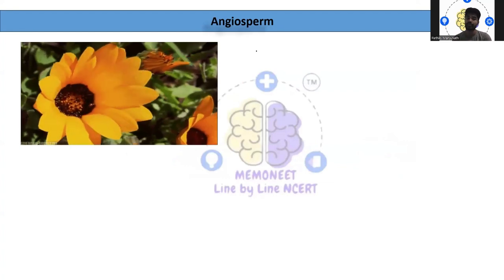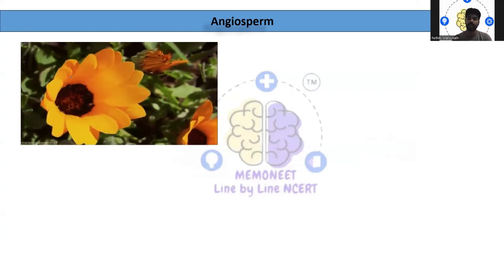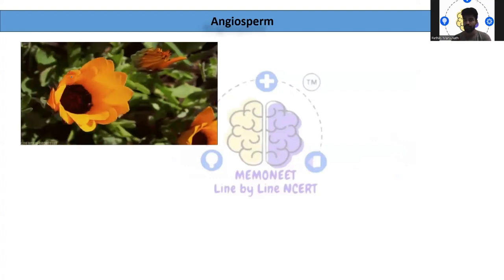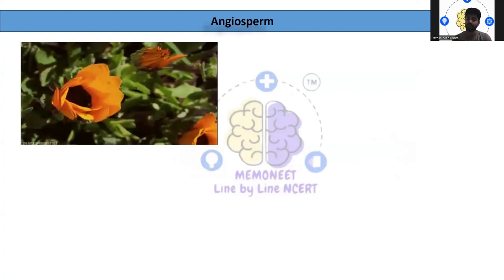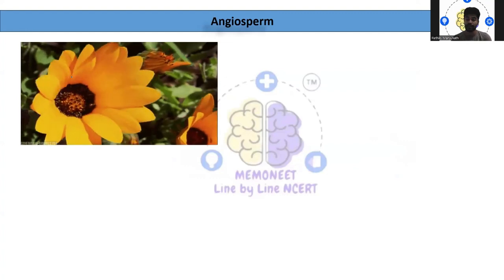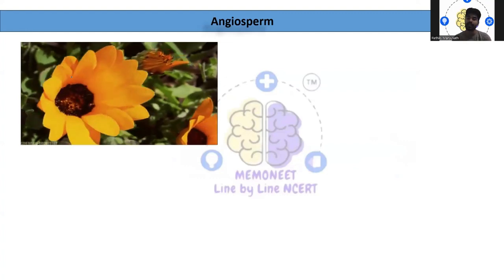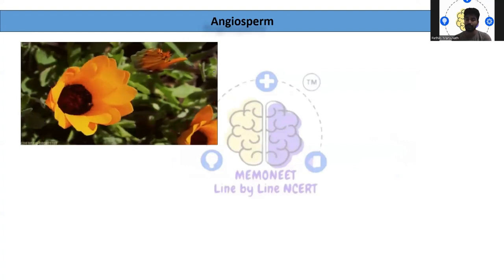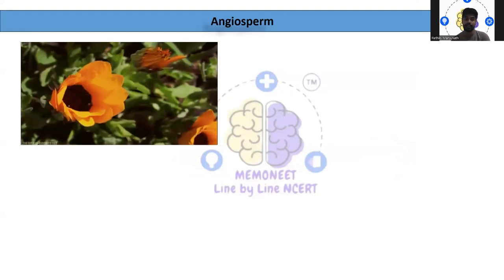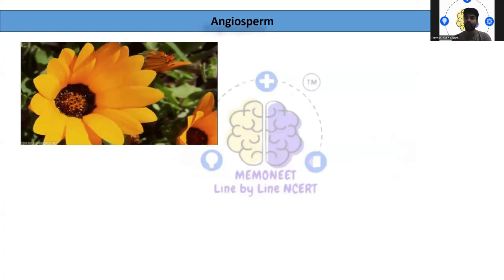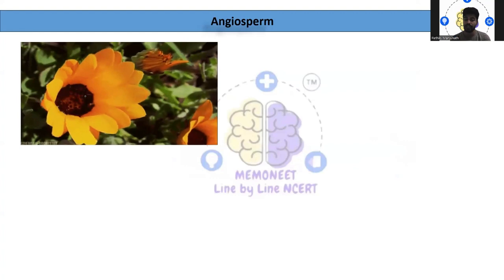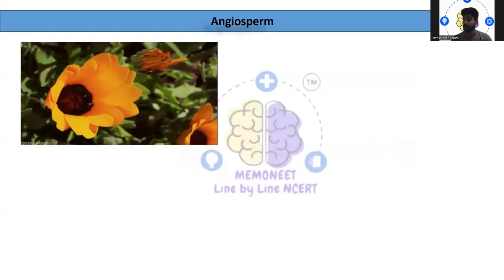In angiosperms, you actually see a well-developed flowering plant where male and female gametes are produced. The pollen grains and ovules are developed in a specialized structure called the flower. The seeds are enclosed in a fruit.